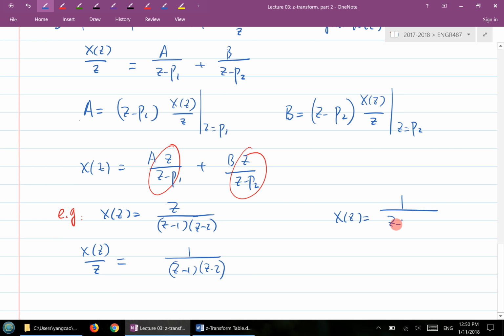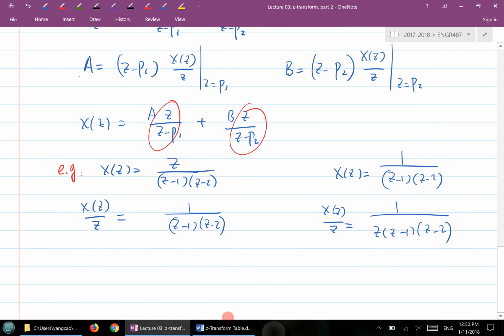Let's say my numerator here is this. Then for this particular one, you will end up with this. Does that make sense? Okay, so if I do partial fraction expansion on both sides here, on this one we get A over z minus 1 plus B over z minus 2.